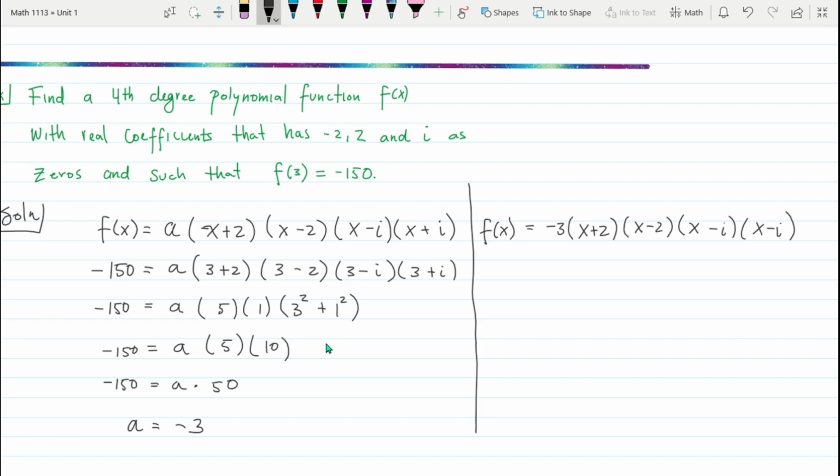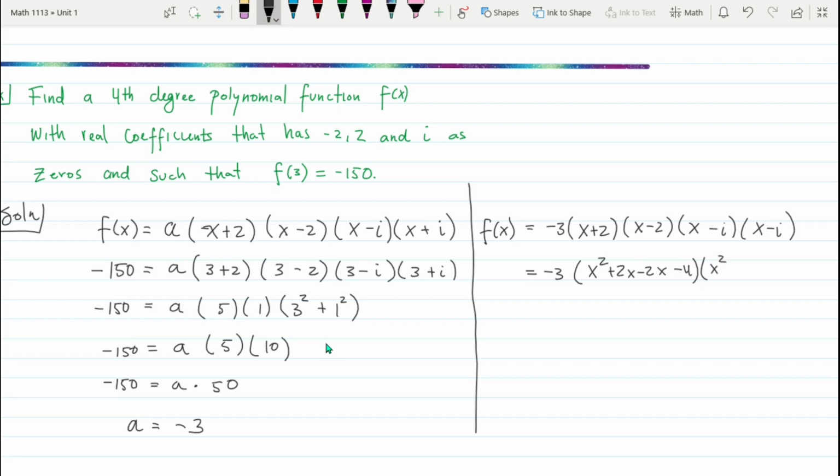Okay, so we can do negative 3 and then multiply whatever is inside of these parentheses to get the actual polynomial in standard polynomial form. So we'll have x squared, and then notice how there are different signs in the middle, so those terms are going to cancel out. You're going to get plus 2x minus 2x minus 4. And then same thing here, you get x squared.